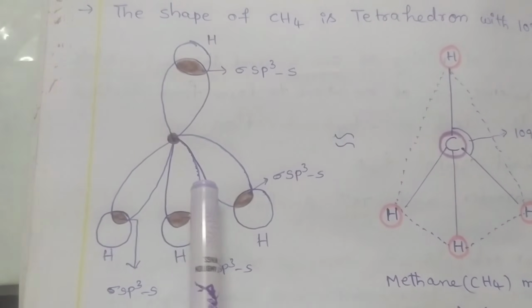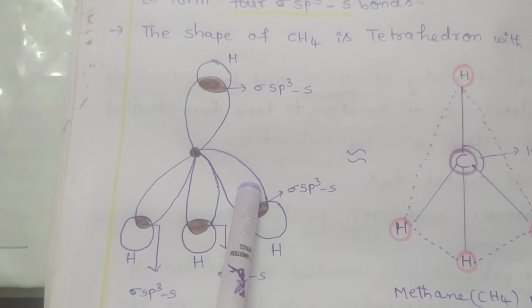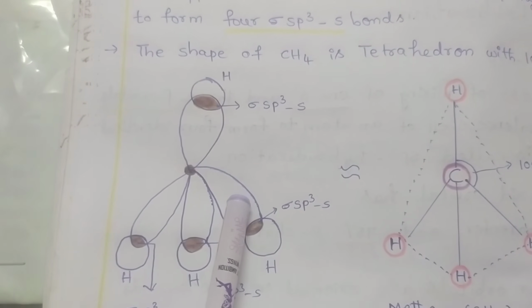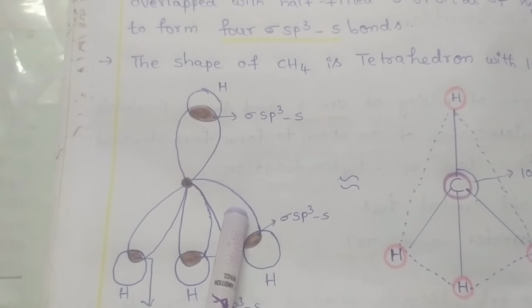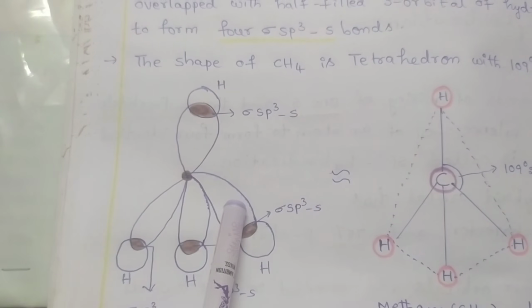When we observe the structure here, these are the four sp3 hybrid orbitals. These are formed by intermixing of the 2s and three 2p half-filled orbitals of carbon to form four sp3 hybrid orbitals.